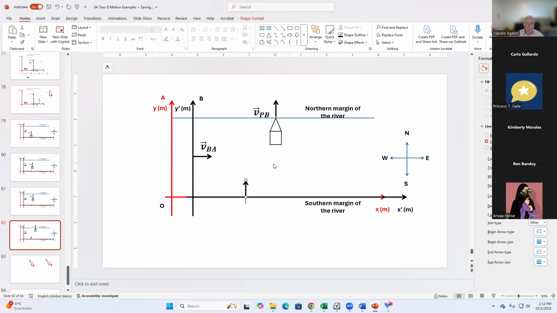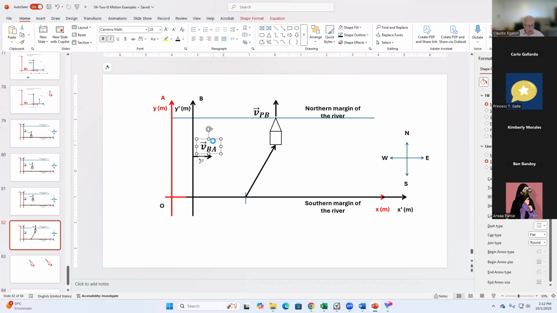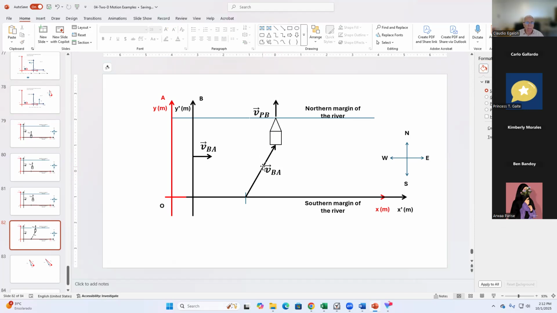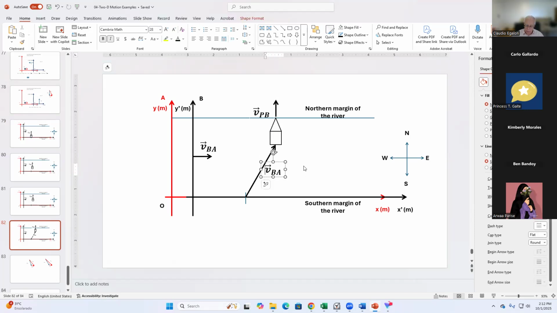I'm taking the back of the boat, which is going to be roughly in the northeastern direction. That's the displacement vector of your boat, assuming that the river stream didn't change its speed and the boat didn't change its speed. Delta R from this point to the other point.